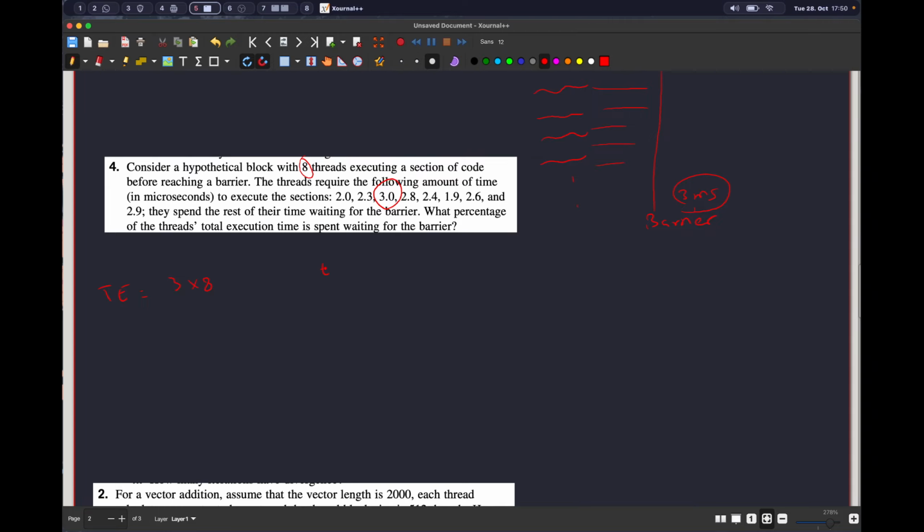So let's say Ti, we can sum 3 minus Ti, i going from 1 to 8, divided by 3 times 8, times 100. This should be the answer. So 3 times 8 is our total execution time, just for percentage, and this is the time each thread waits, and we are just taking a sum over all the 8 threads.